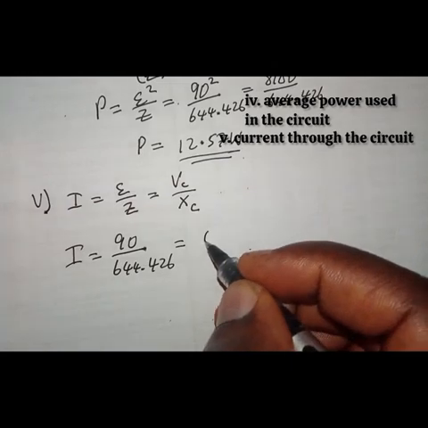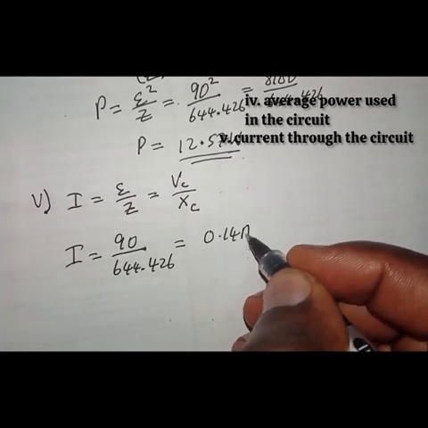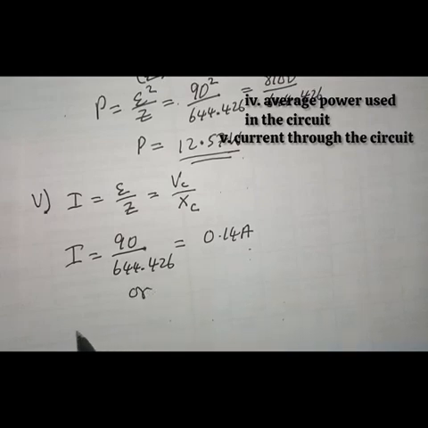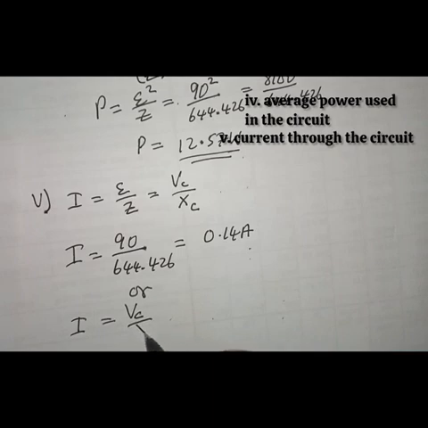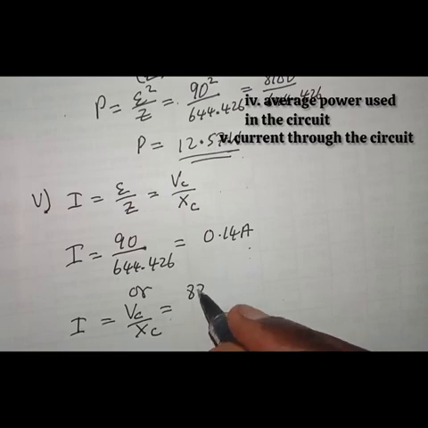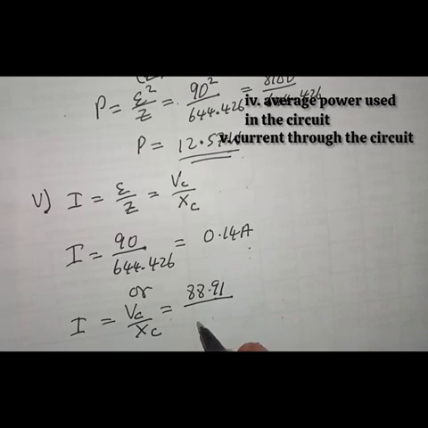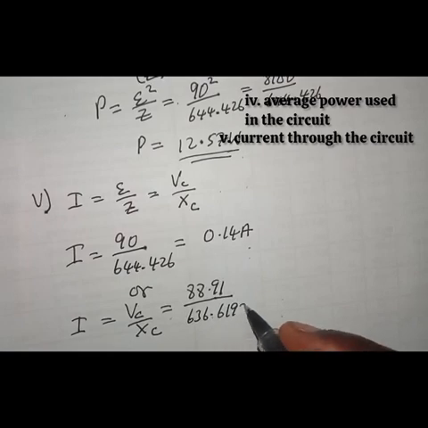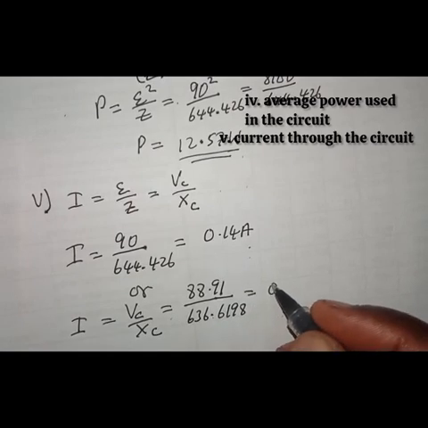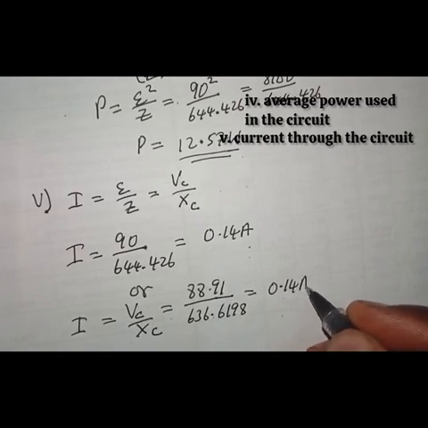If you compute this, you get 0.14 ampere. Or you can decide to use the capacitor to get it, and the current is the voltage across the capacitor, 88.91, all over the capacitive reactance, which is 636.6198. When you compute it, you still get 0.14 ampere.